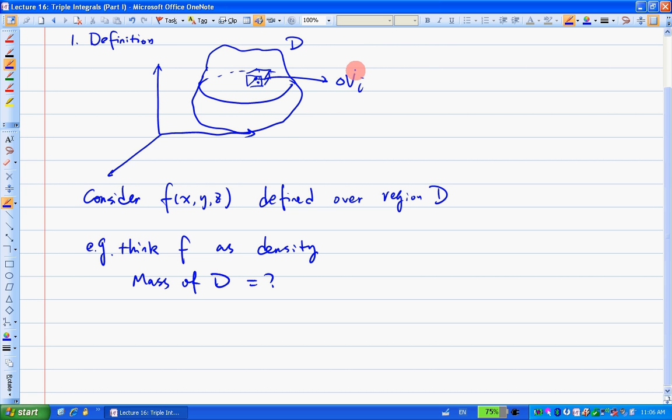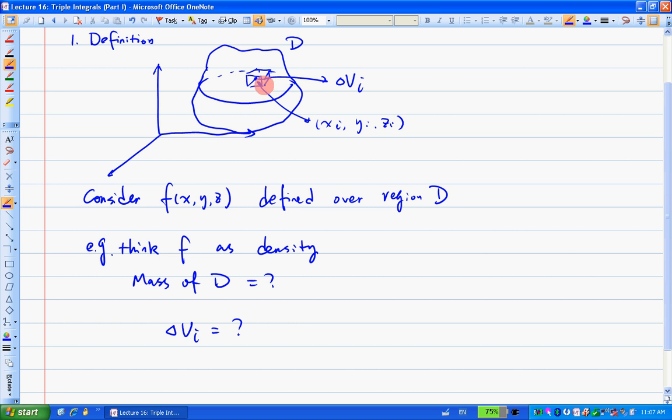So what we do is, since I have defined a small volume inside this region D around a certain point, I'm going to calculate the mass of this small volume. First of all, delta Vi equals what? This is a volume defined around the point (xi, yi, zi).